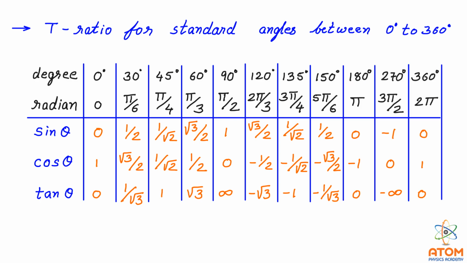So the magnitude of opposite angles for all the functions is the same. Let us see. Sine 0 is 0. Sine 180 also is 0. Cos 0 is 1. Cos 180 is minus 1. Magnitude is the same, so here the magnitude is 1. Tan 0 is 0 and tan 180 is also 0.